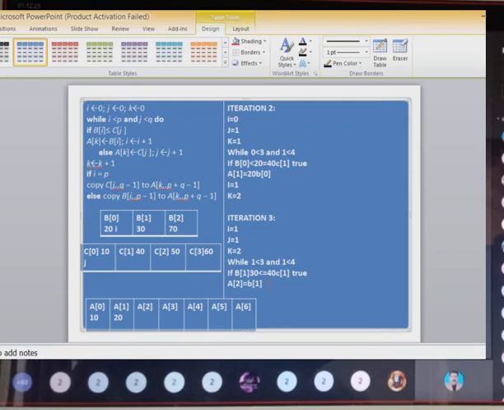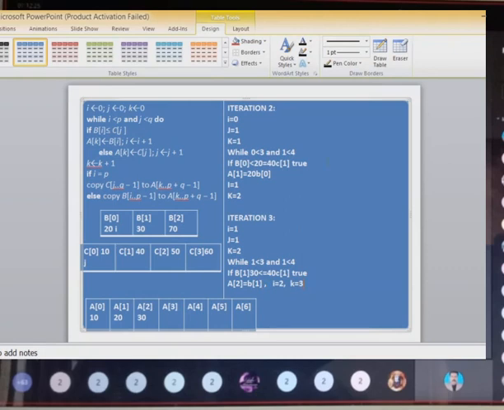B of 1 is 30, right? 30 will be stored in the output array. A of 2 equivalent to 30. Now increment the value of I, that is I plus 1, 2. One more thing, increment the value of K, 2 plus 1, 3. Clear?